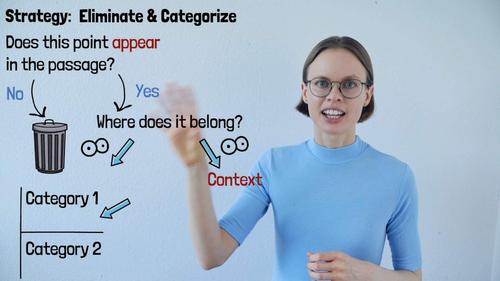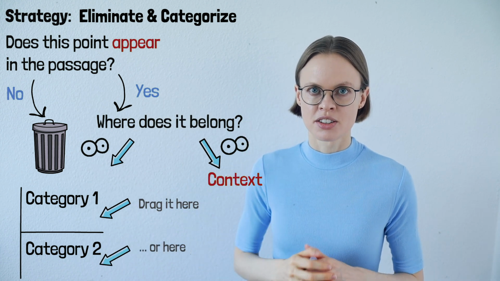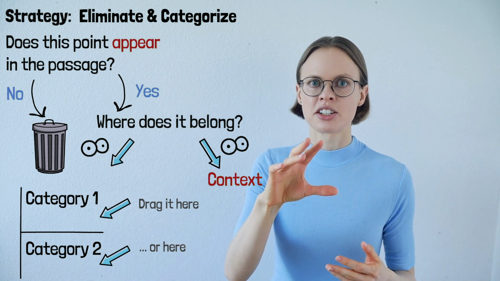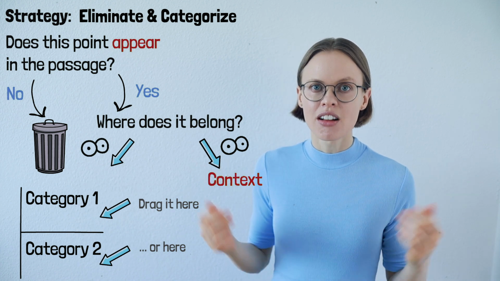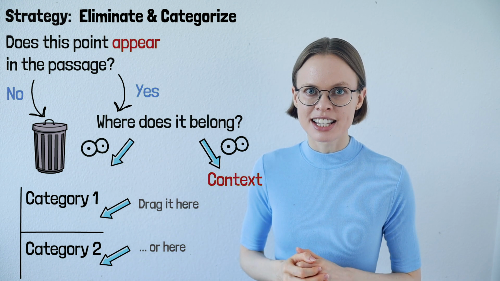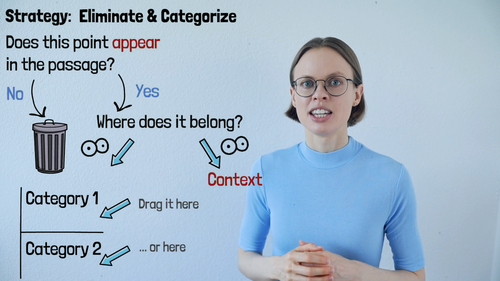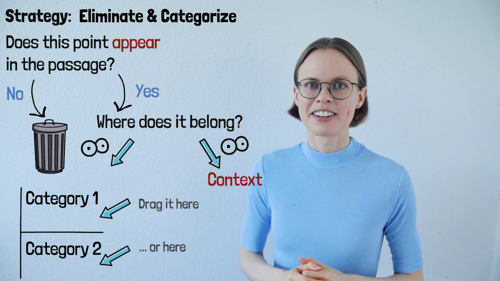Drag the answer into the correct category and then go on with the next answer and follow exactly the same strategy. You go to the passage, you check whether the answer choice appears at all in the text, whether it belongs to any of the categories. If it does not, you eliminate it. And if it does, you have a look at the context and you figure out where you have to put it.